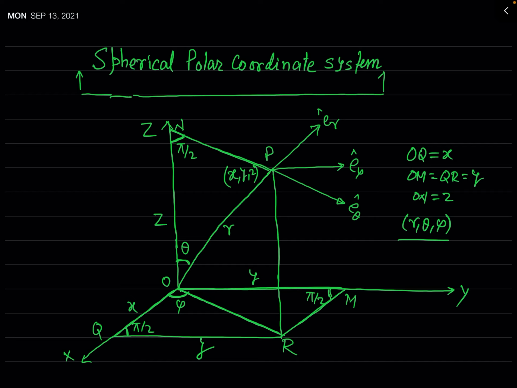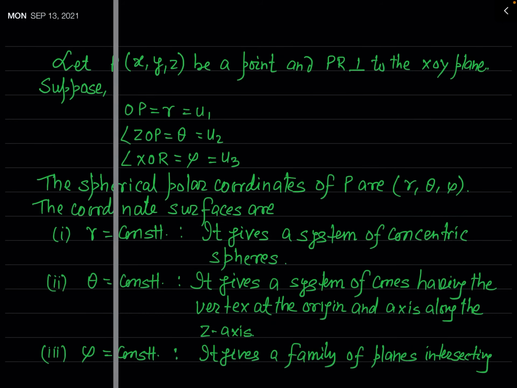Now in this case, as you know, in any orthogonal curvilinear coordinate system there are coordinate surfaces. So here we will define three coordinate surfaces, and as you can see, these coordinate surfaces are defined by the equations r equal to constant.